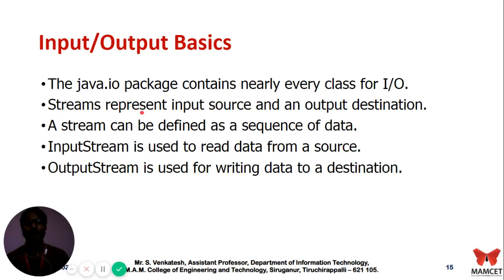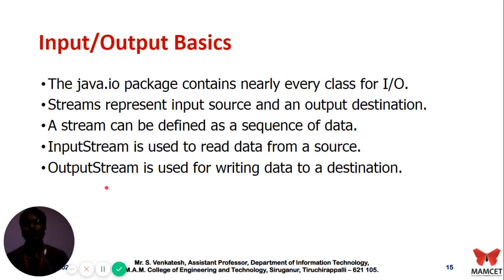And from the streams you can know what is the source of input and what is the destination of output. A stream is a sequence of data, a collection of data. Input stream means you can read the data from the source. Input is given and you are reading the input; that is done by input stream.